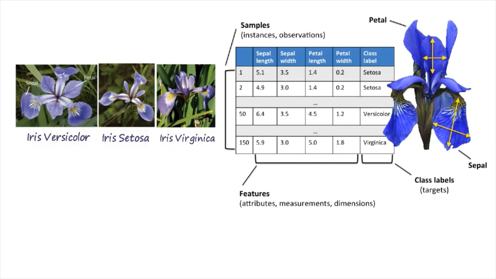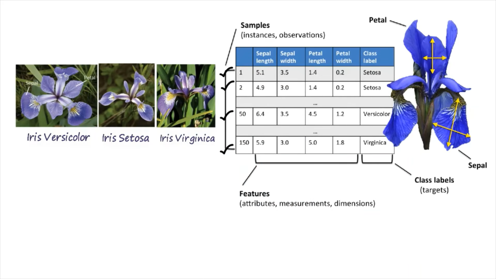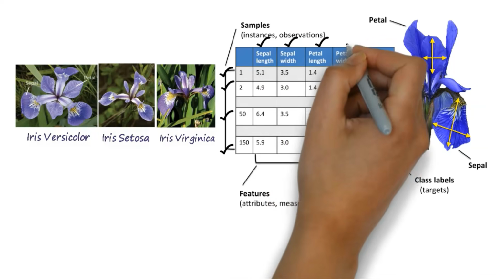Now we have to understand one more point, how the data set will look. Look at this. This is how your data set will look. In this data set, see, you have some rows and you have some columns.